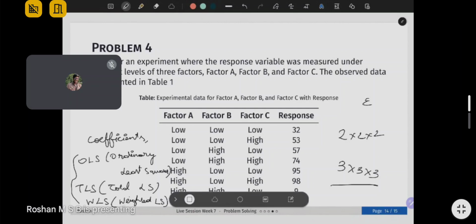Anybody who creates that particular BBD or CCD, the list of experiments should be the same. Yes, it should be the same. Central points, instead of three, they have taken five. So we also took five.